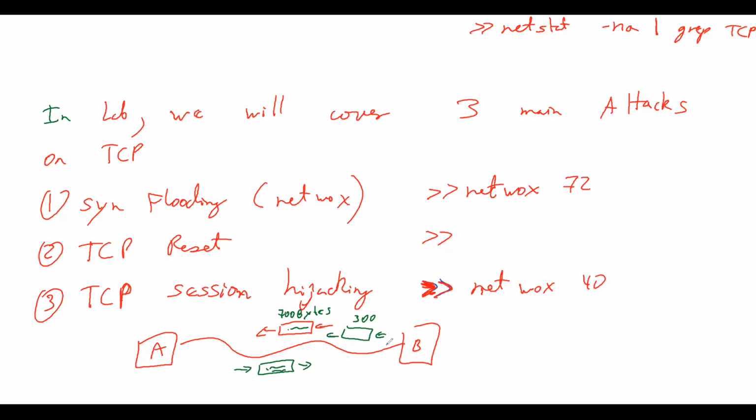Those two packets can take different paths, and maybe the 300 arrives before the 700. However, to address that, there's the idea of sequence numbers. These packets have sequence numbers so that when they arrive at the other end, they can be reconstructed appropriately. And that's really actually the trick.